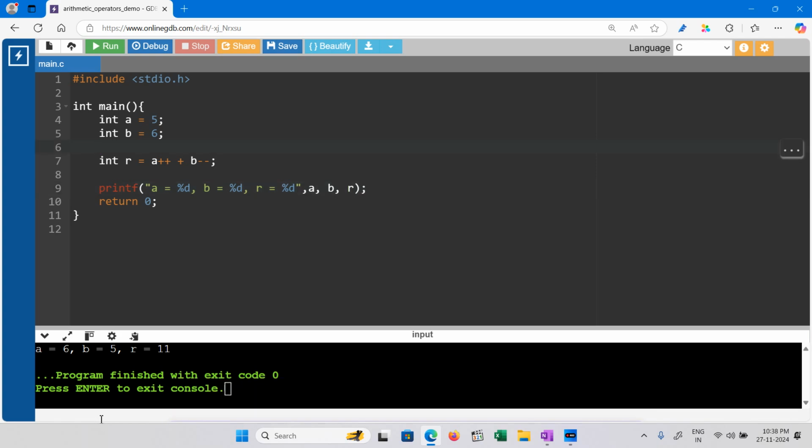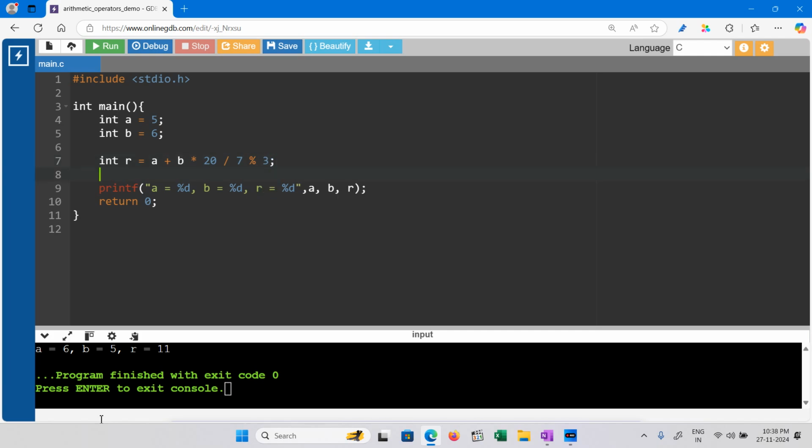So now I am doing a plus b, multiplied by 2, then divided by 4, or suppose let's take a larger value, 20 divided by 7, modulus by 3. And we're going to print r.